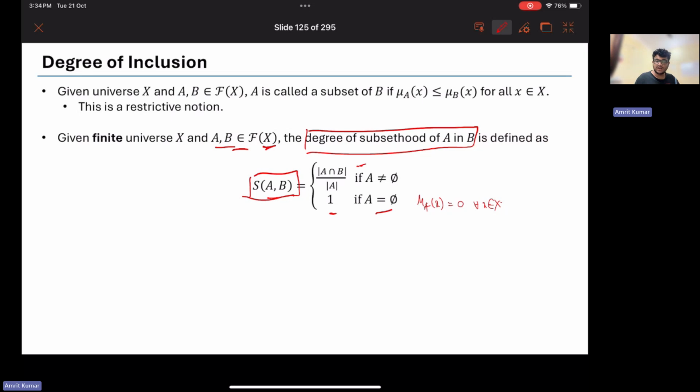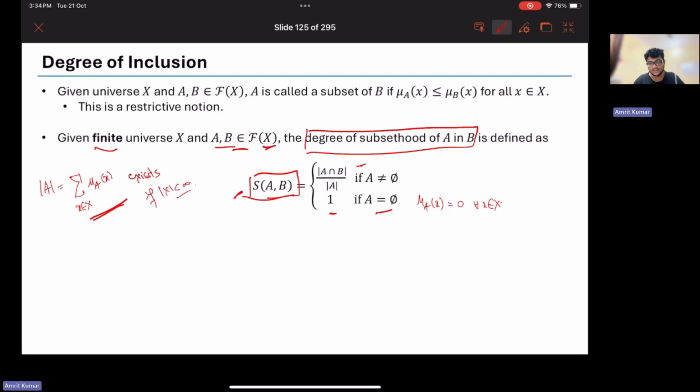But this formula actually holds for finite universe only, because in order to compute the scalar cardinality of a fuzzy set, you are required to do this summation. And this summation exists or converges if X is finite.